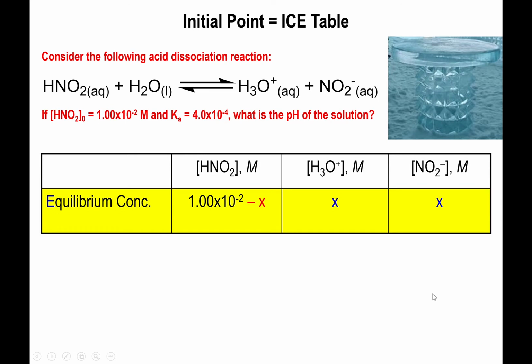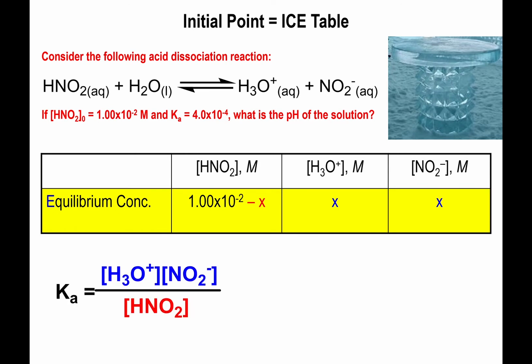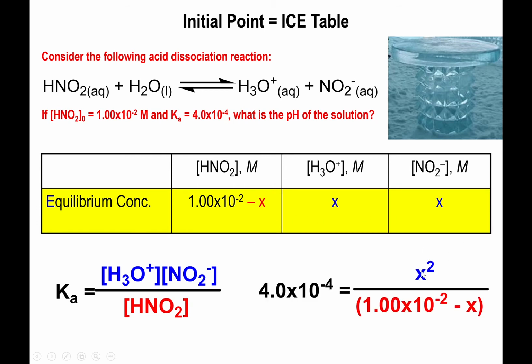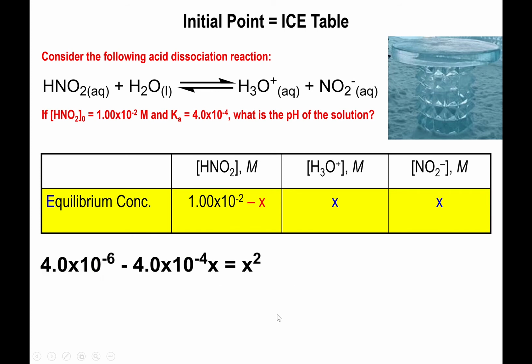Alright, now we use that information to figure out the value of the hydronium concentration. So we need to input the concentrations at equilibrium for each one of the species, which means that we'll end up with x squared on the top, and 1 times 10 to the negative 2 minus x on the bottom. And that equals the Ka value for HNO2.